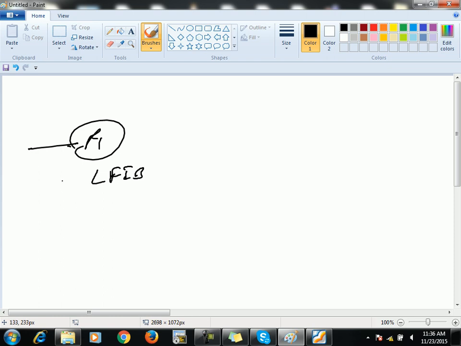But for an unlabeled packet, it will use the FIB. There is a rule, and you have to memorize it: if routers receive a labeled packet, then they will perform a lookup in their LFIB, and if a router receives an unlabeled packet, then they will perform a lookup in their FIB. This is the thumb rule for MPLS.